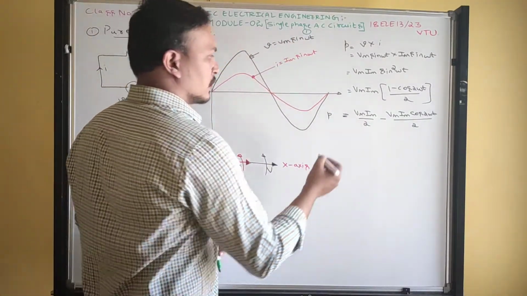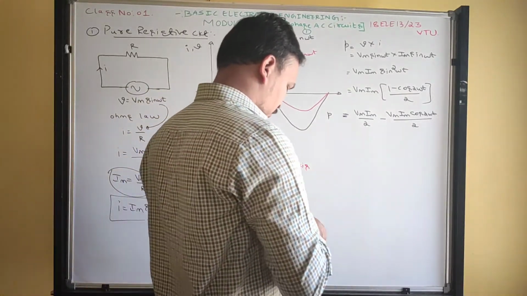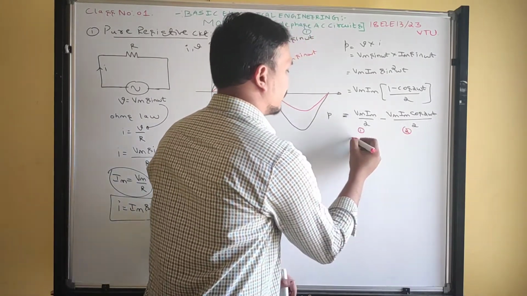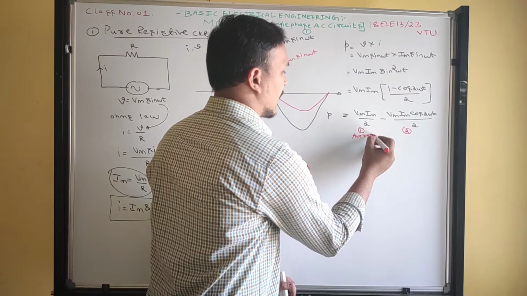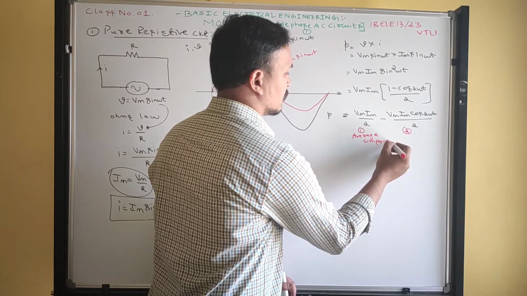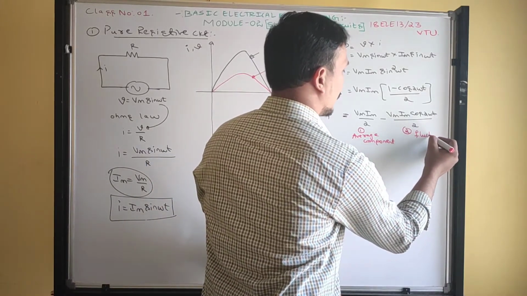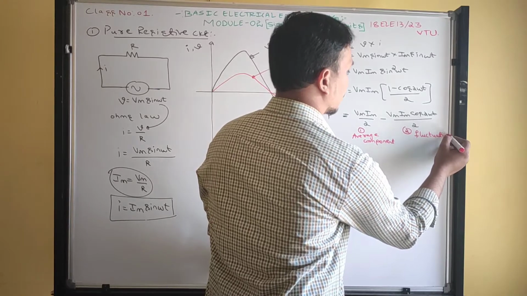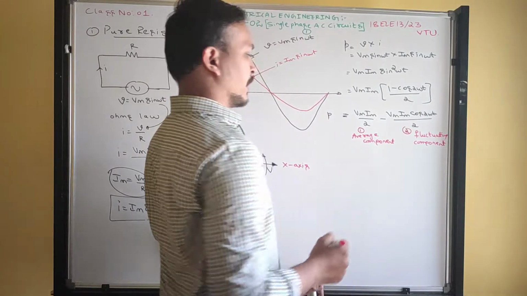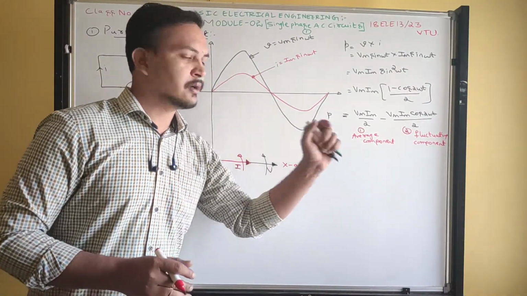Now the instantaneous power has two components. The first component is the average component, which is the average power, and the second one is the fluctuating component. So instantaneous power is resolved into two components, average and fluctuating.